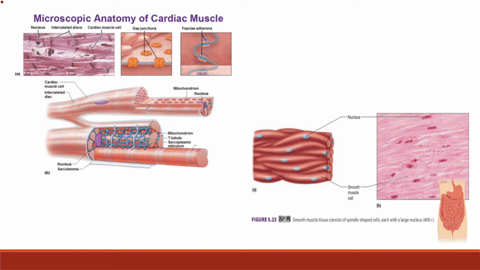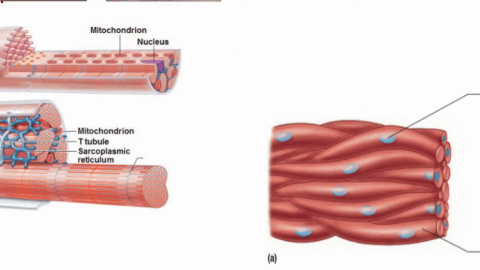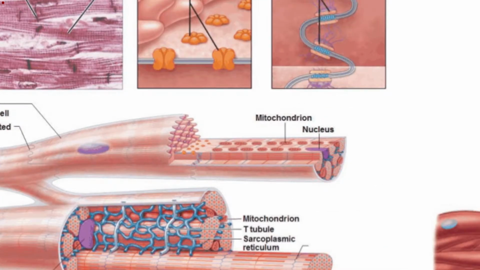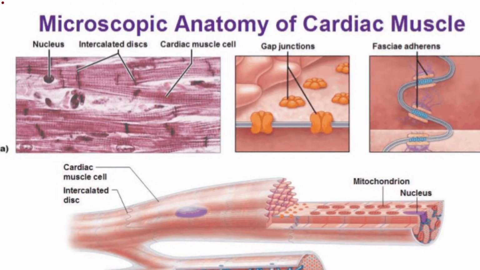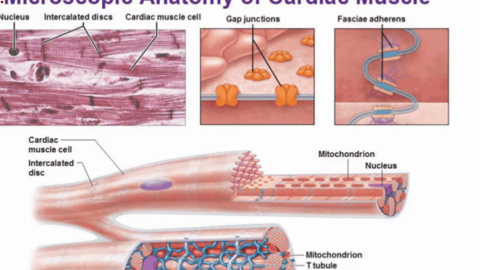Okay, so here is an up close of some cardiac muscle and some smooth muscle. Let's zoom in. So this is our cardiac muscle. You see the stripes or striations, you see the nuclei, you see the branching, and then the illustration here up close shows you the gap junctions, which are these little connections that also have little tunnels for chemical signaling.